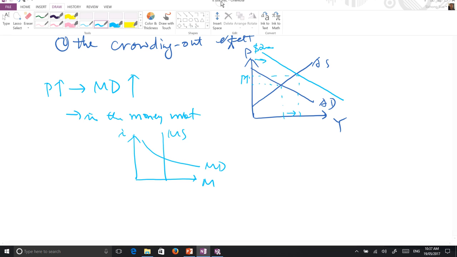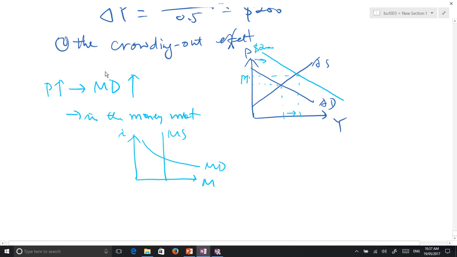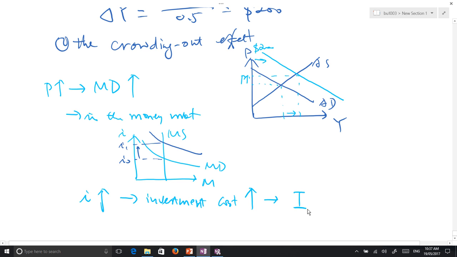So now money demand goes up because price goes up. People need to hold more money to handle day-to-day transactions. So we clearly see that interest rate goes up. So in the money market, I goes up. This implies that investment cost goes up. So the second component of the aggregate demand decreases. So this is a crowding out effect.